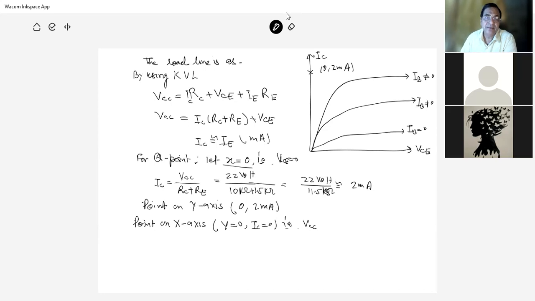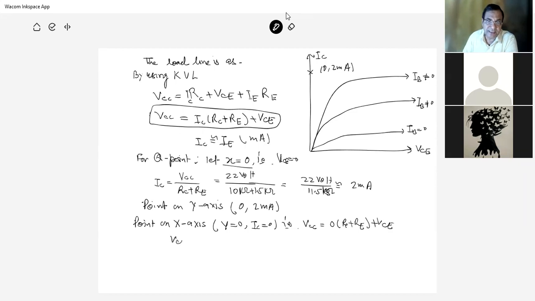From this equation, if IC is equal to 0, VCC is 0 into RC plus RE plus VCE.